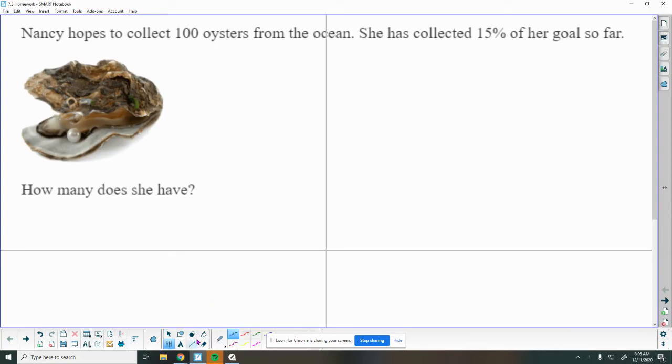So we're going to start with number 1 here. It says that Nancy hopes to collect 100 oysters from the ocean. So this is what she wants to do total. She has done 15% of her goal so far. How many does she have? So remember, every time we want that part over total equals percent over 100. Percent is always over 100. So we're looking for how many she has collected so far.